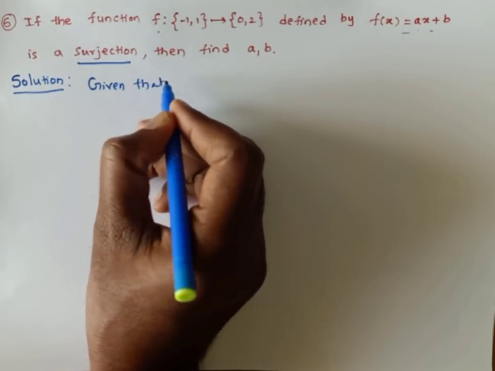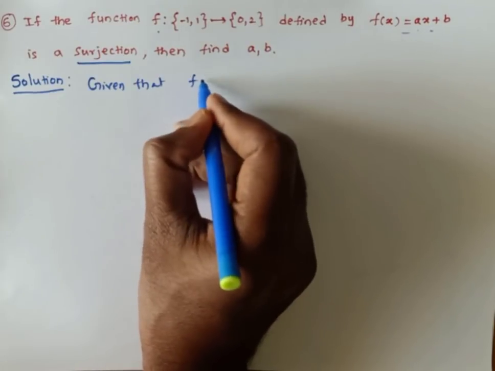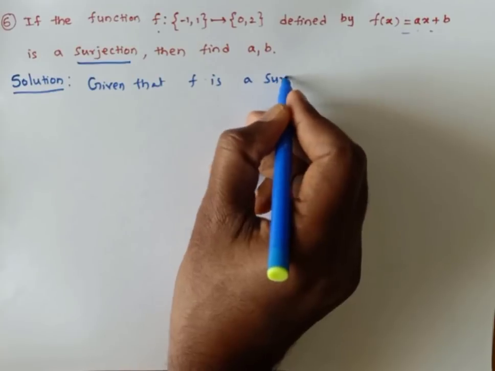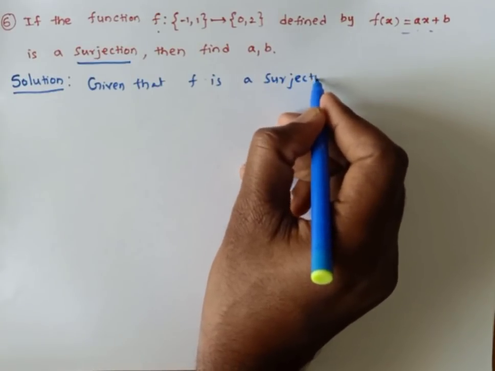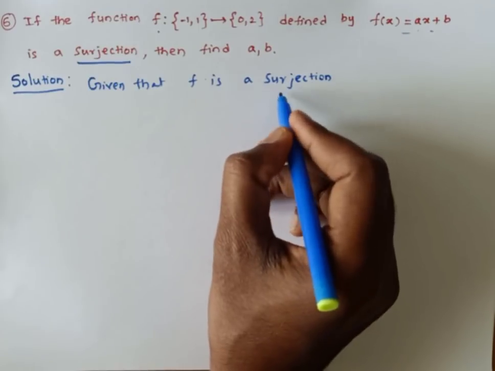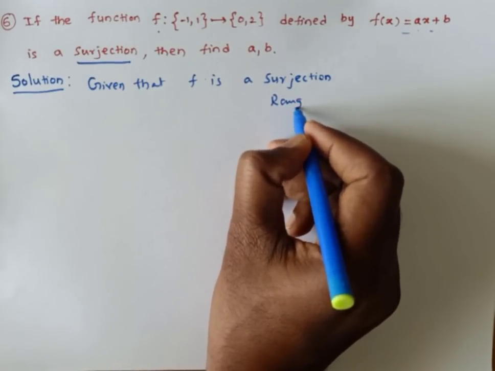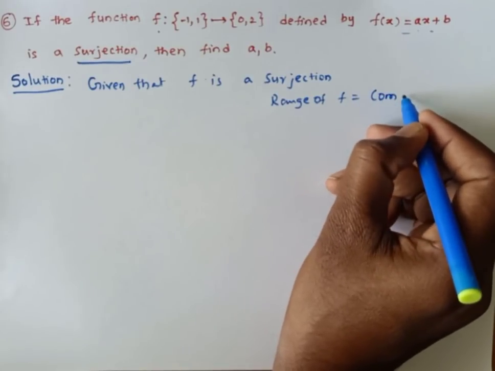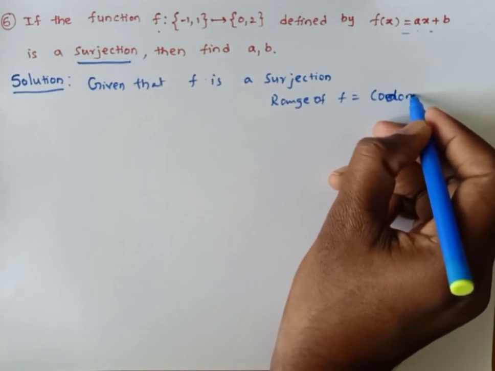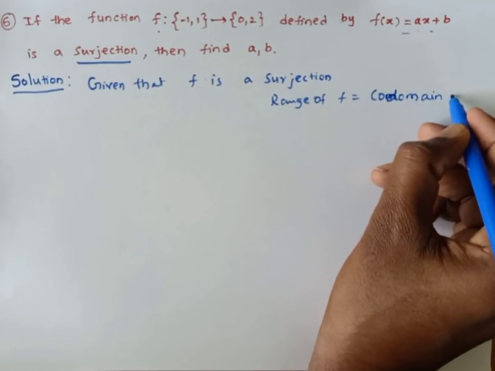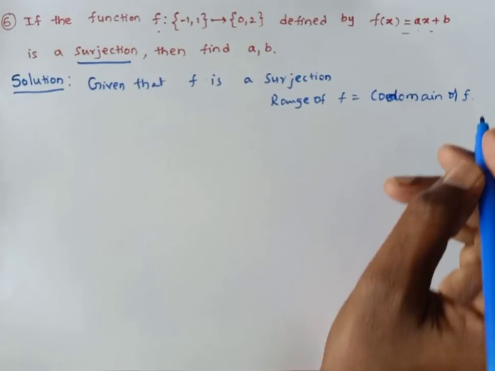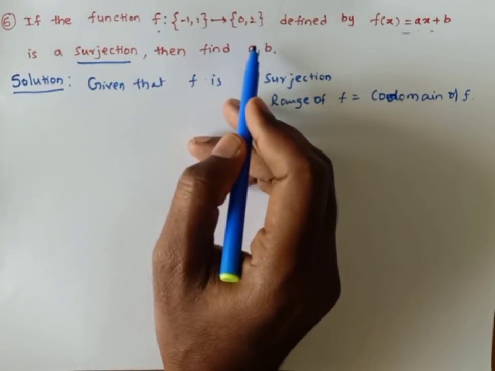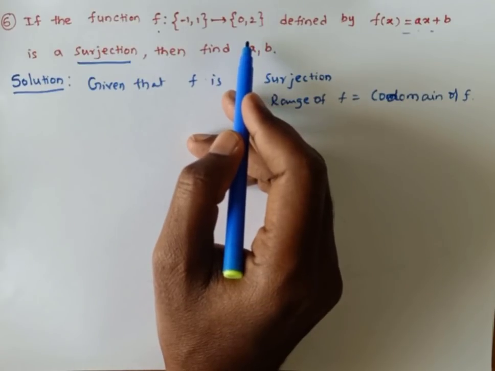We have only one clue from this: given that f is a surjection, you can get the condition that the range of f equals the codomain of f, right? Now the domain is minus 1 comma 1 and 0 comma 2 is given.